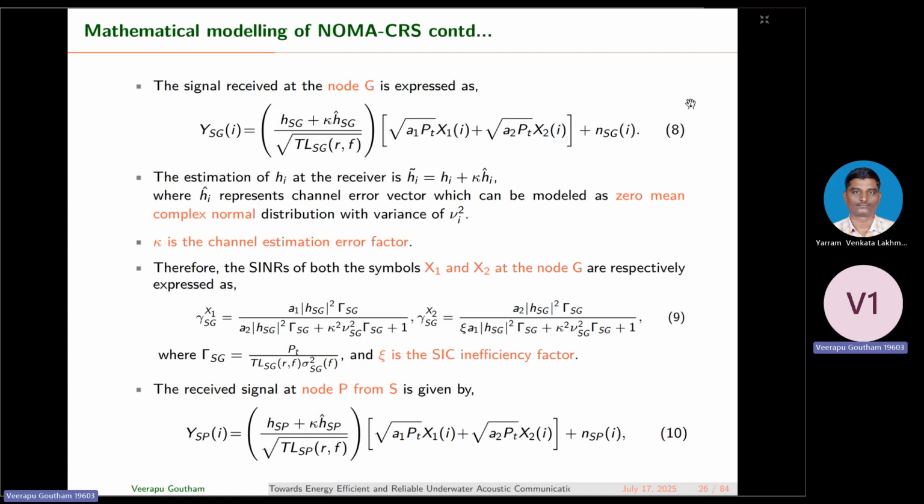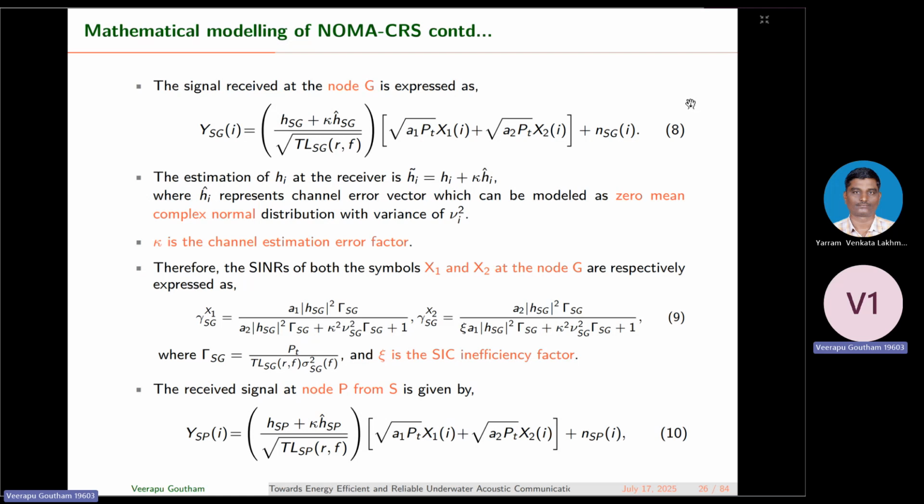Okay, we will see the mathematical modeling, with which we can find the channel capacity, energy efficiency, and outage probability. Here the G node receives the x1 symbol and x2 symbol. x1 is transmitted with amplitude root over alpha 1 Pt, and x2 is transmitted with root over alpha 2 Pt.